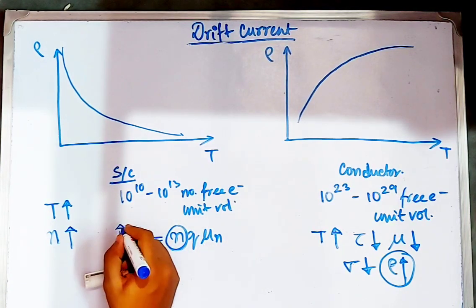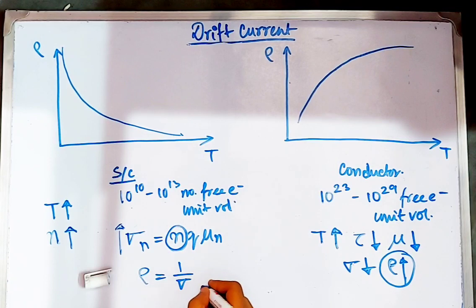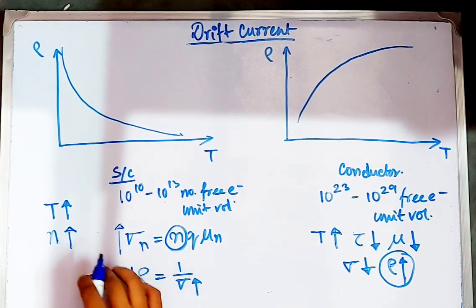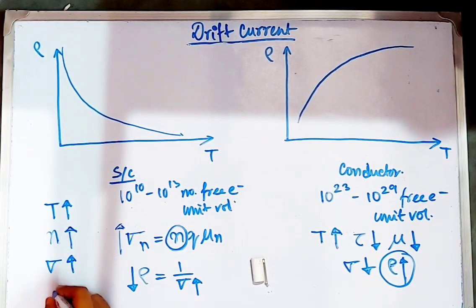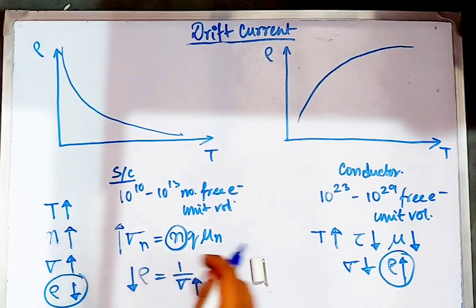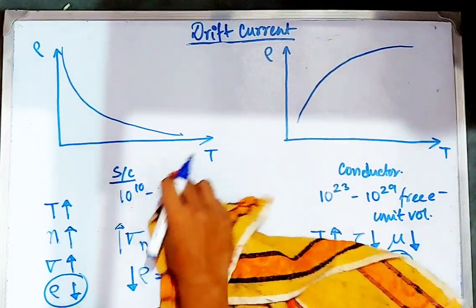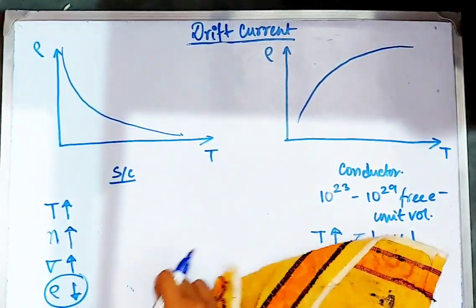and we know that resistivity is 1 by conductivity. So if conductivity increases, then resistivity decreases. So this is the scientific explanation of both of these phenomena.